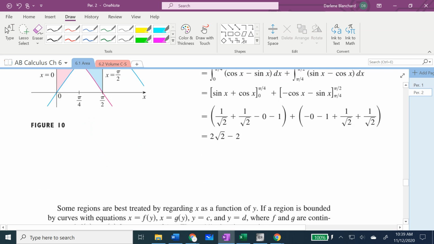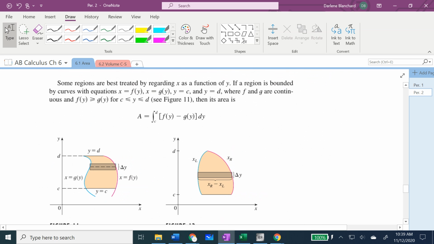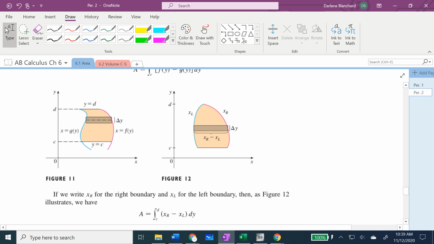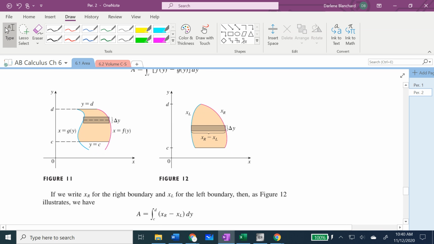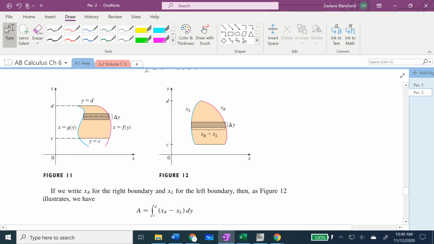Now that we're having so much fun, it's time to go sideways. Now, I want to tell you how important this is. You have spent your whole life looking at functions as x is the input variable, y is the output variable.